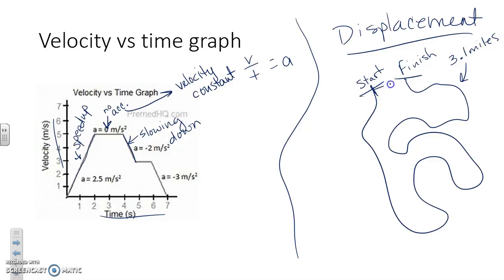But from here to here, this would be your displacement. Let's say the displacement is not even a mile, let's say it's a quarter of a mile. Notice how the displacement is a straight line between 2 points. Your displacement's always going to have a vector too. So for the finish line, the displacement is 0.25 miles to the east. Okay, so make sure that you know those.